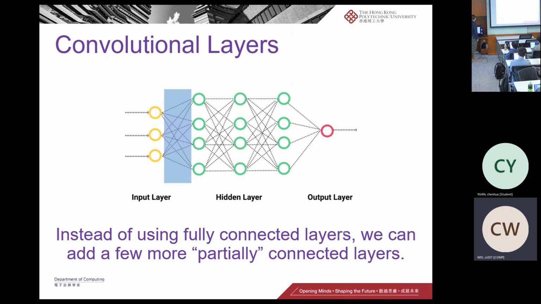At the same time, so far we have been connecting the nodes between layers all together. We call them fully connected layers, but it turns out we can make them partially connected. Why do we have to do it? This is actually a very popular way of connecting them partially. What's that?